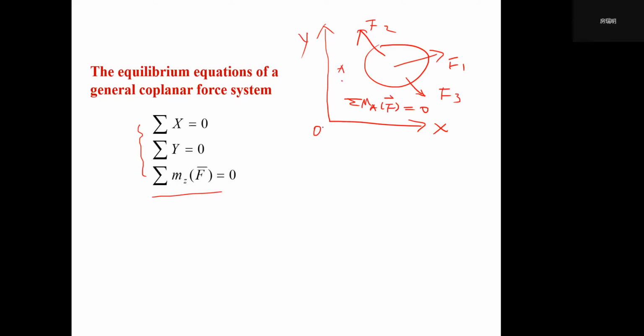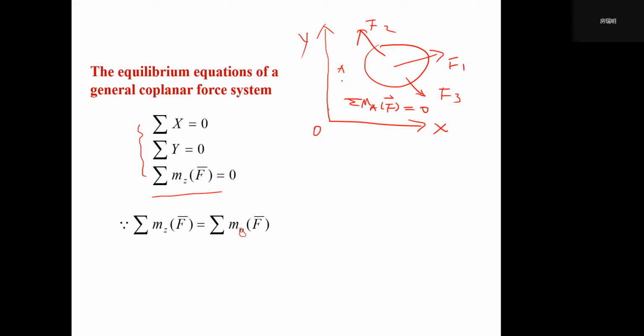Our z-axis is always perpendicular to this plane, so this is the same. This means this O can be any other point on the plane.